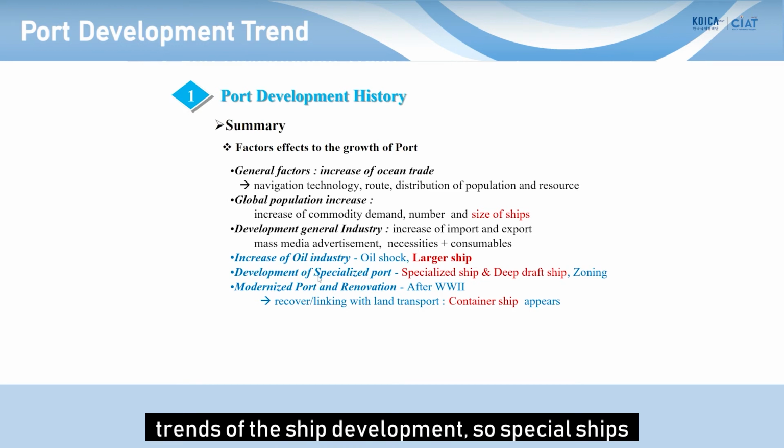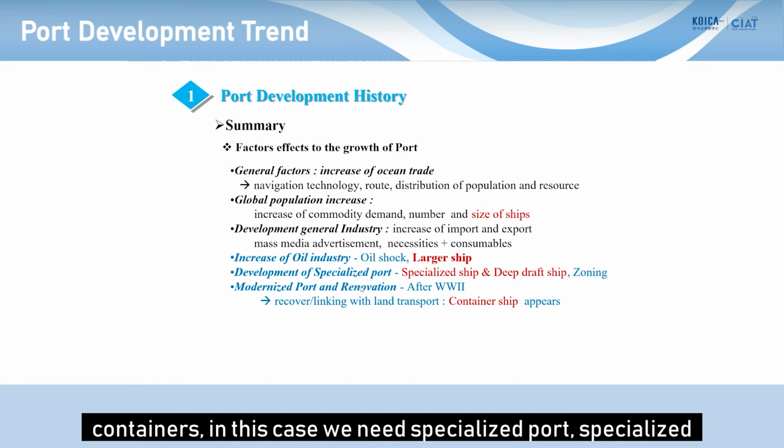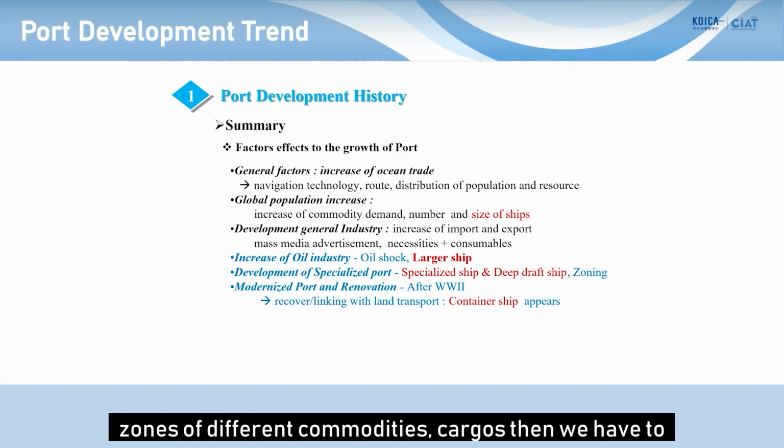So special ships come, for example, tankers, gas ships, or container ships. In this case, we need a specialized port for the specialized, deep draft ship, and in order to avoid traffic jams between zones with different commodities and cargoes, we have to separate them.